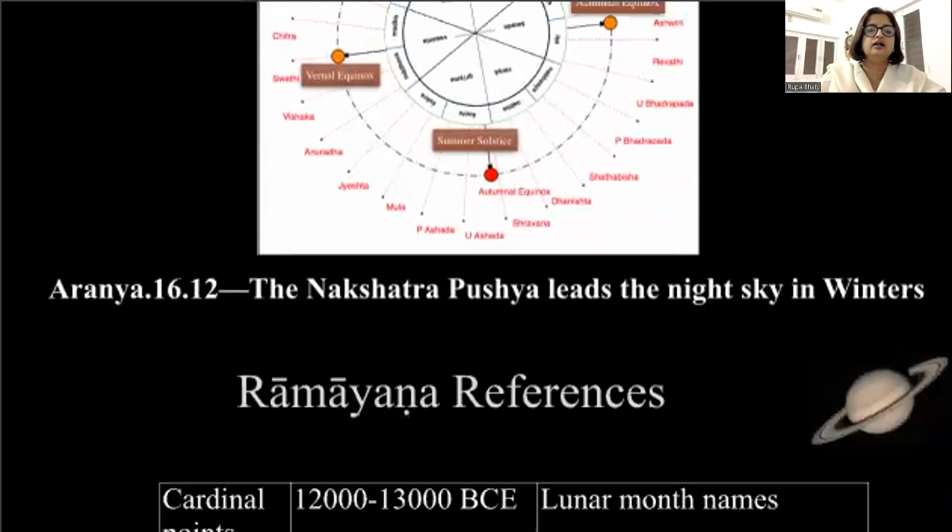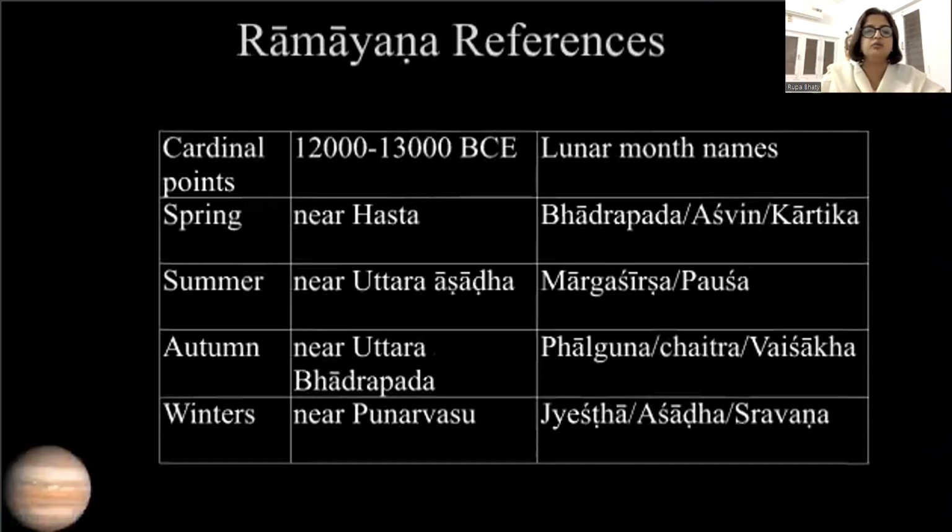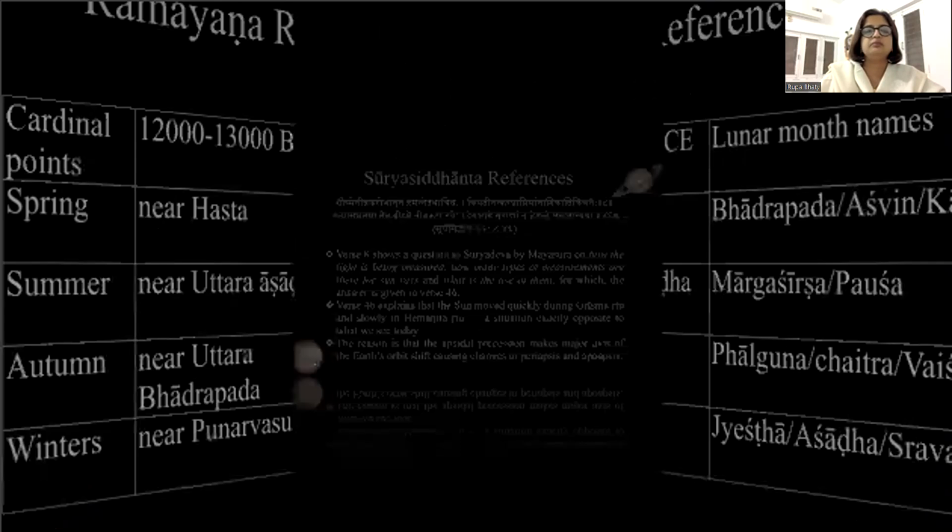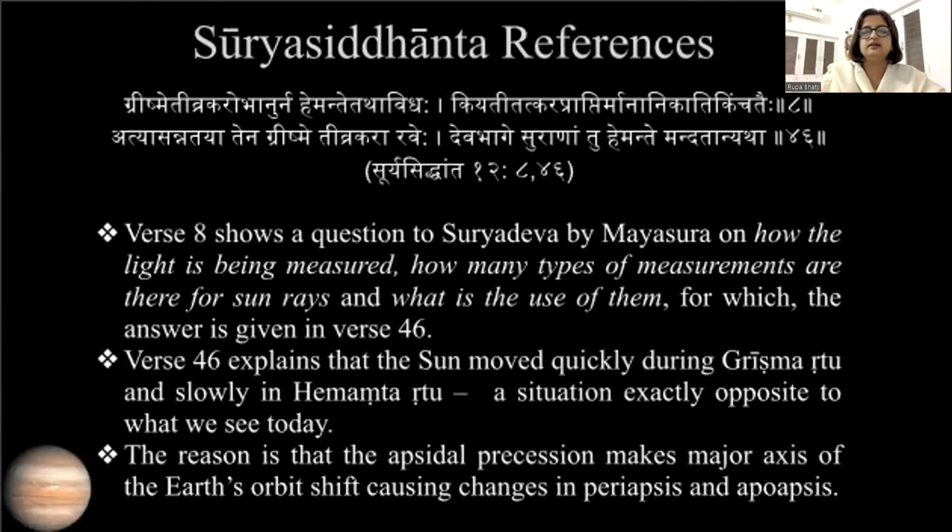And likewise, we get all the 4 cardinal points, which only point to 12,000 to 13,000 BCE. So these are the cardinal points and the lunar month names that I have given here. And the same thing is explained in Surya Siddhanta, the same reference that I explained in the Kepler's law slide.